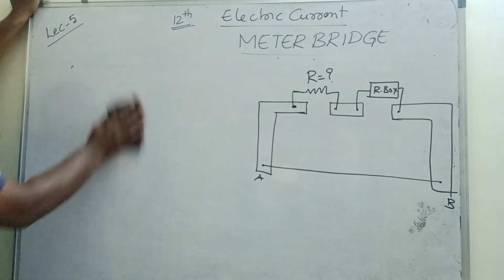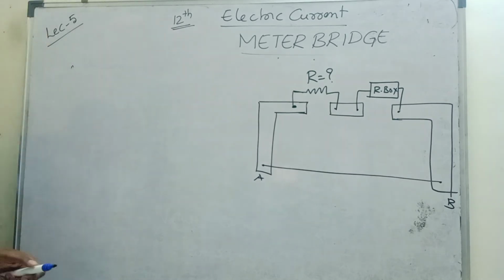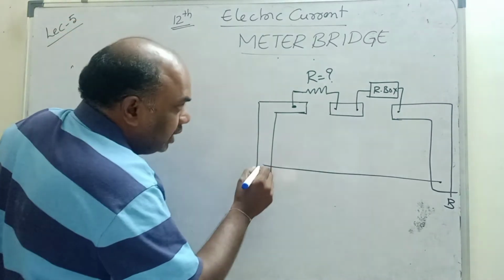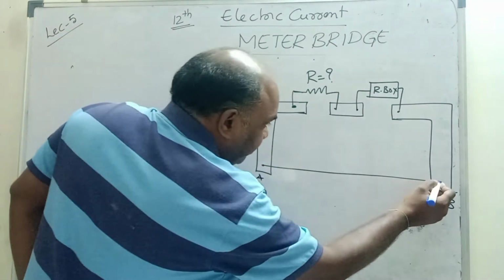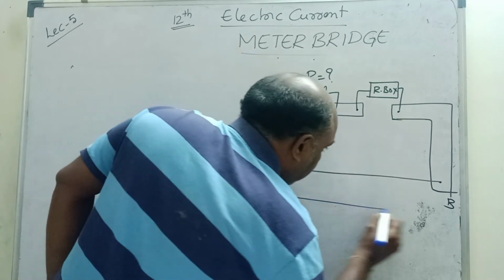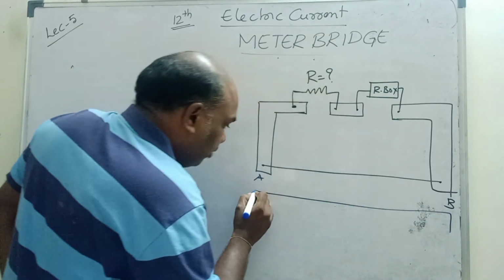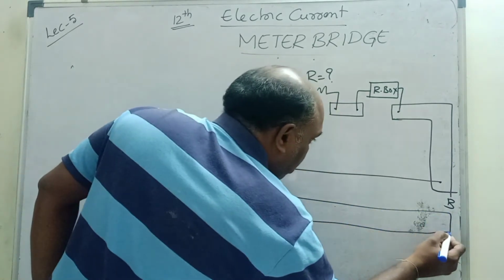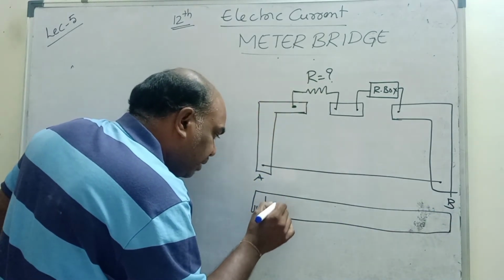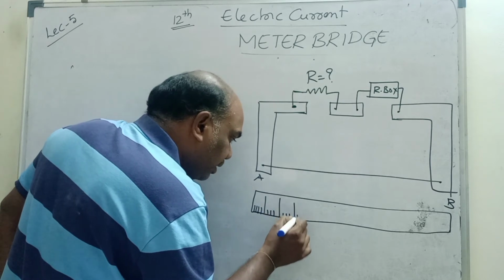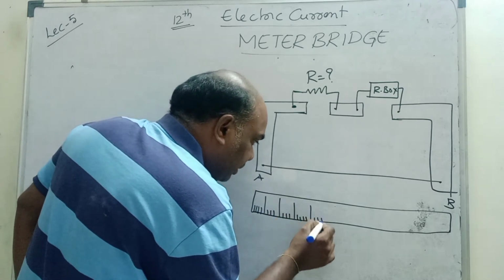Right. Now these two terminals are connected. Observe carefully, children. In between these two terminals of the wire, I am going to attach one meter scale. Meter scale means, you know very well, 100 centimeters are present.